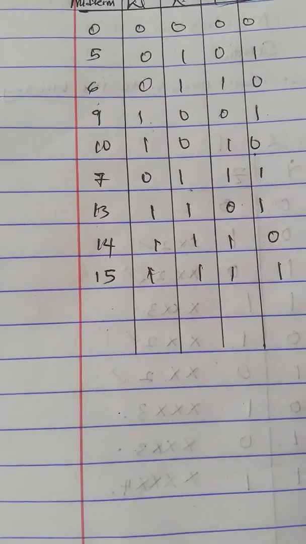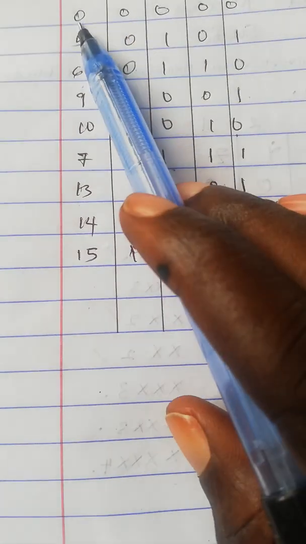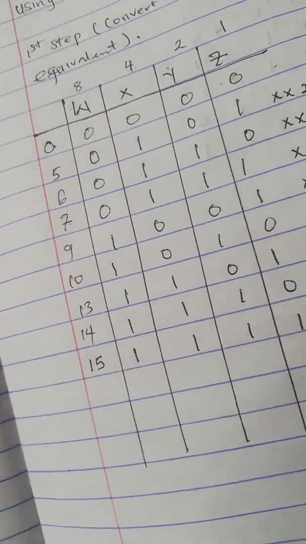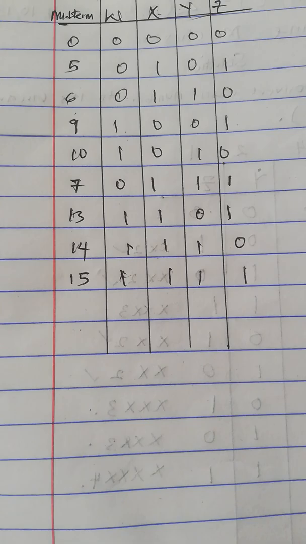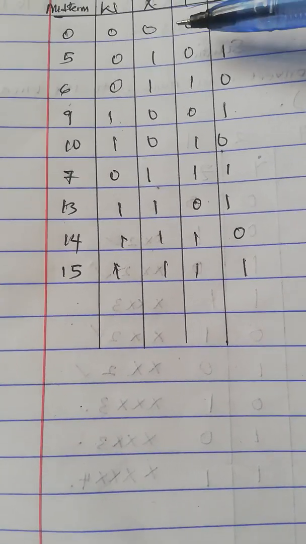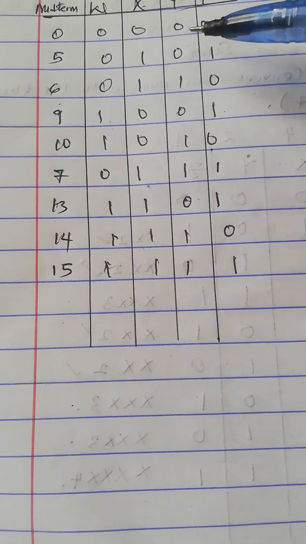All right, this is the table again. After the first one, the next table is this. These are the minterms.